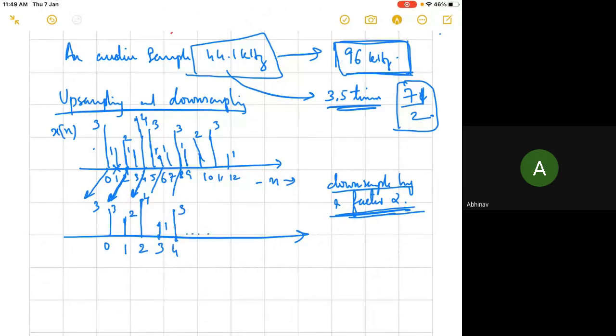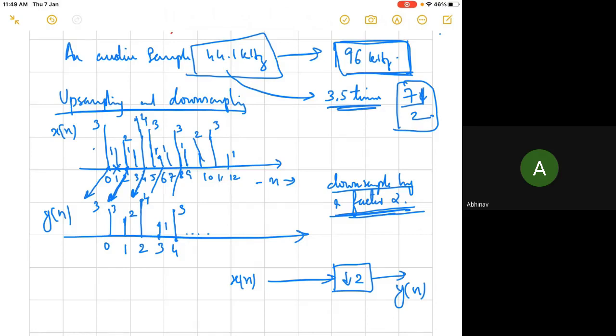Like this, you have the values. That is, xn is downsampled. You represent downsampling like this. Then you get, suppose you get yn, then this is the yn. You take the samples in between. First you take the 0th sample, then you take the second sample, 4th sample, 6th sample, 8th sample, etc. Then it becomes yn.